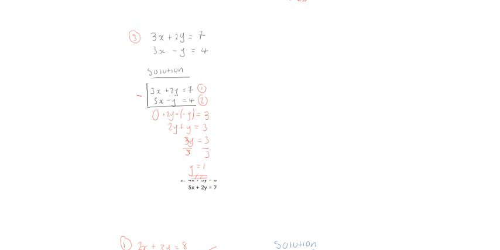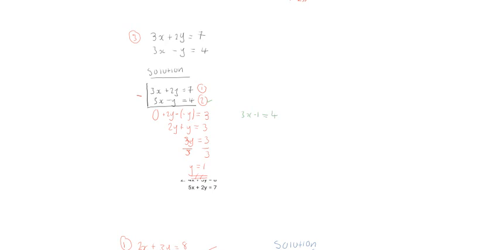So I'm just going to get this value 1 and place it in any of these equations for me to get the value of x. Okay, so the second step now, I get equation 2. I'll say 3x minus, while there is y, I'm going to put 1 because that's the value we have found, is equal to 4.